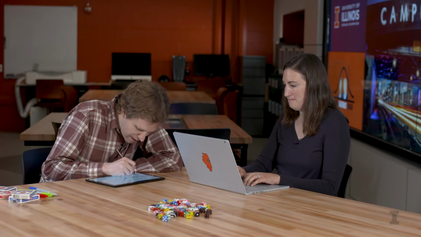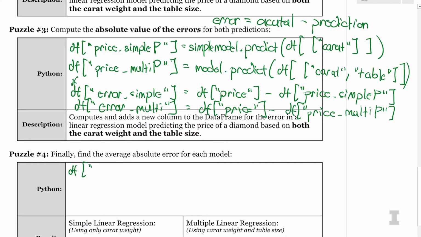So I'm going to just say df of abs error underscore simple is equal to abs parentheses df of error underscore simple.